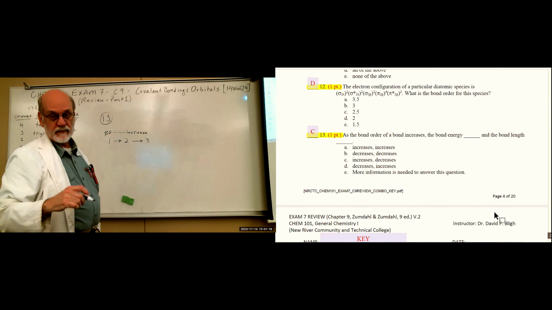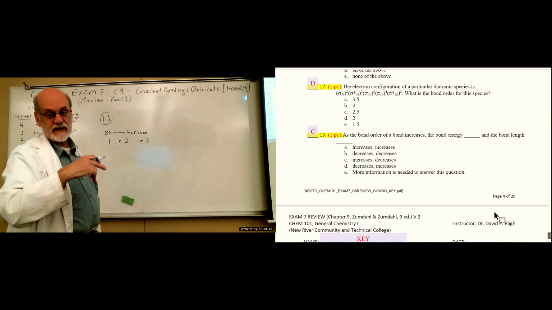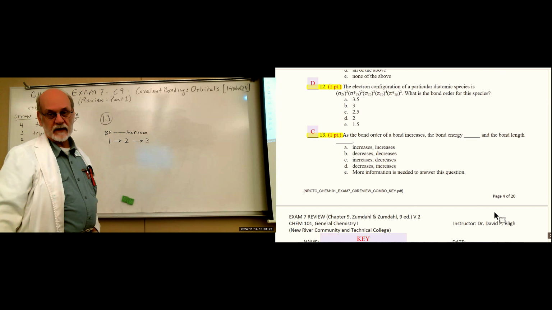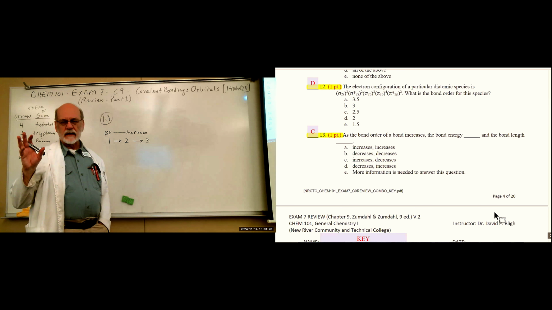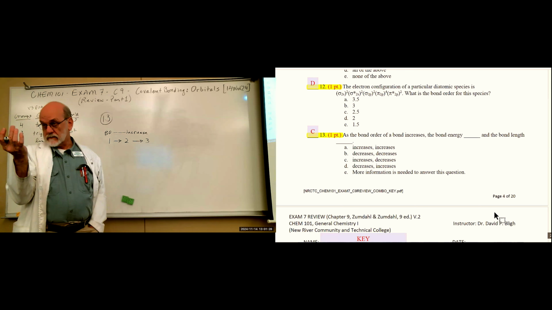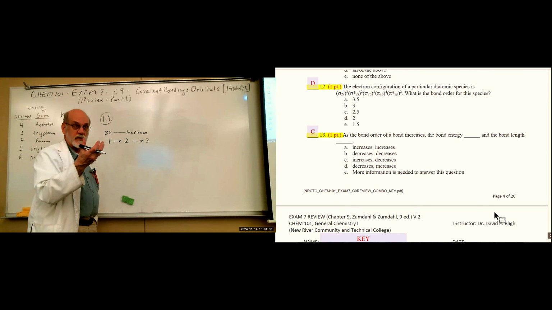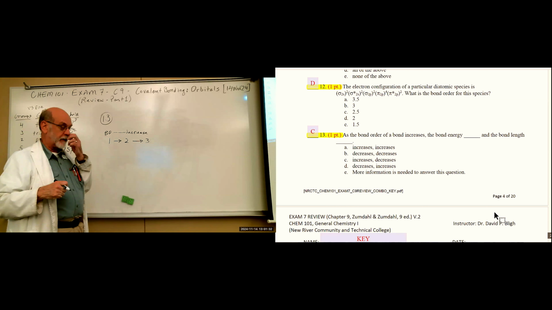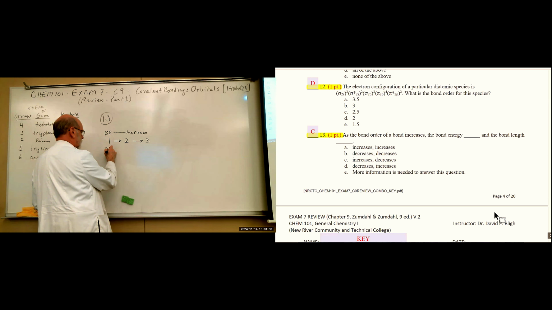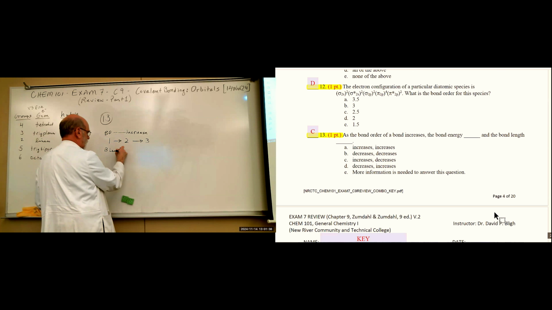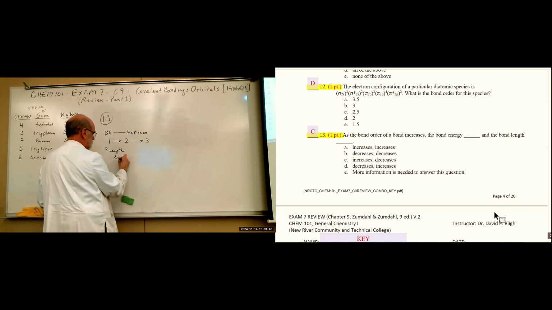The second one, so that means A or C would be a good candidate. The bond length does what? It shrinks, right? As you increase the strength of the bond, it draws those atoms closer together. So the bond length decreases.